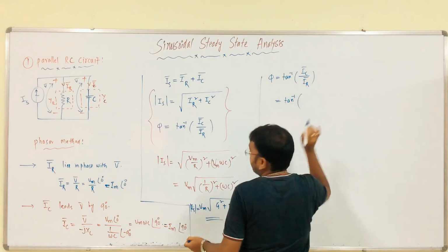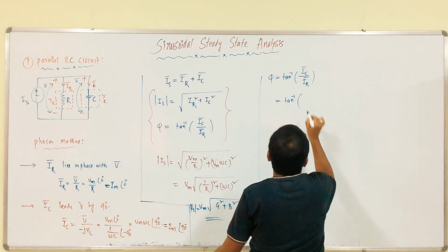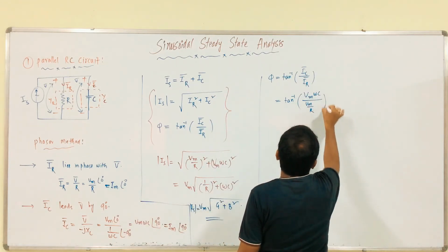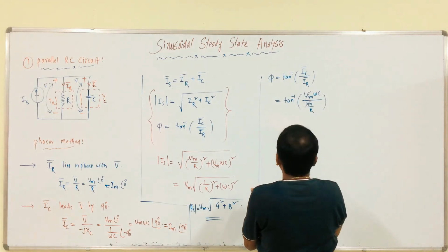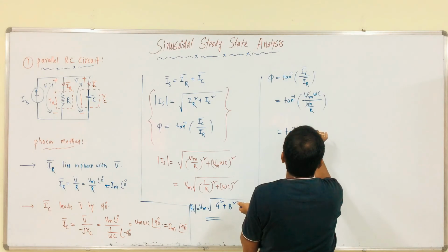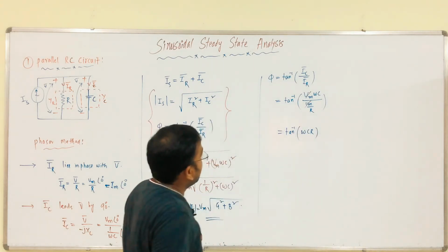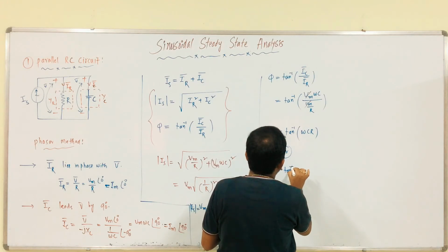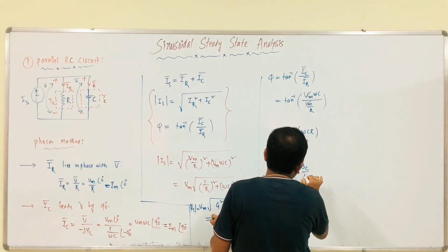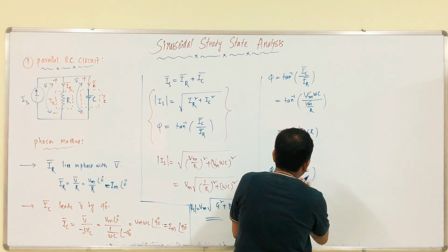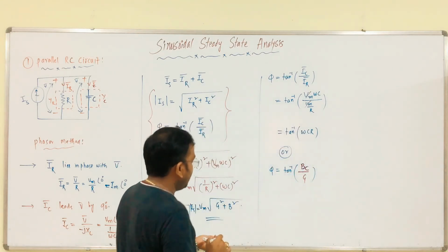Therefore, IC is Vm omega C and IR is Vm by R. From this, Vm gets cancelled, therefore we have tan inverse omega C R. Or you can write phi is equal to tan inverse BC by G. Clear?